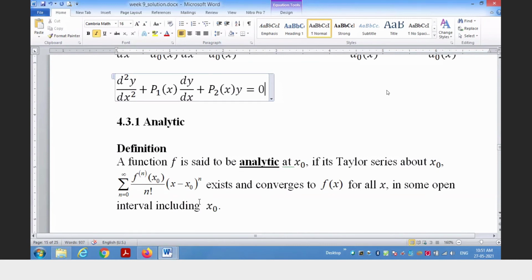Now, definitions. There are a few definitions that you must be familiar with. The first definition is analytic. What do you mean by analytic?